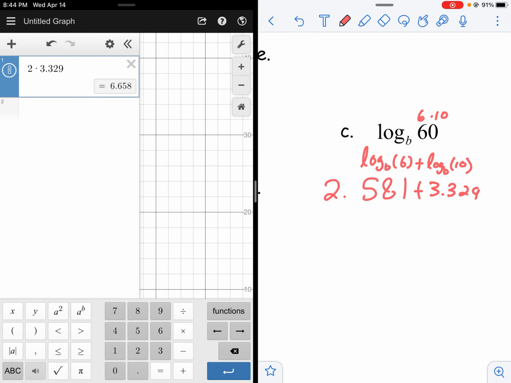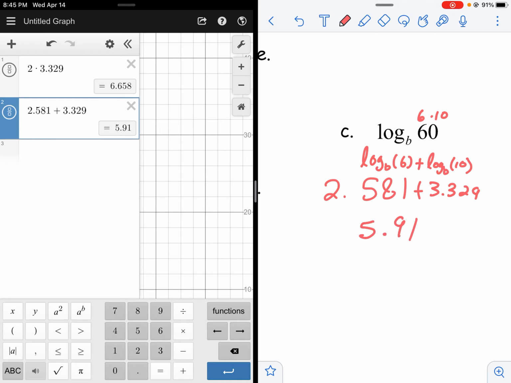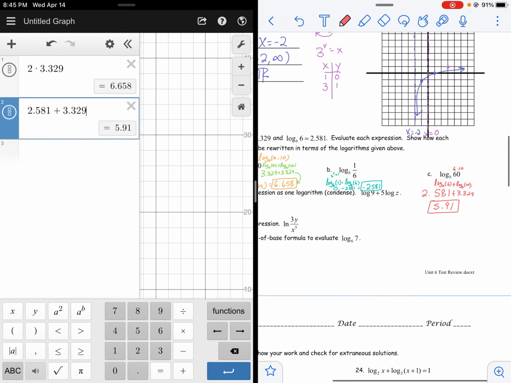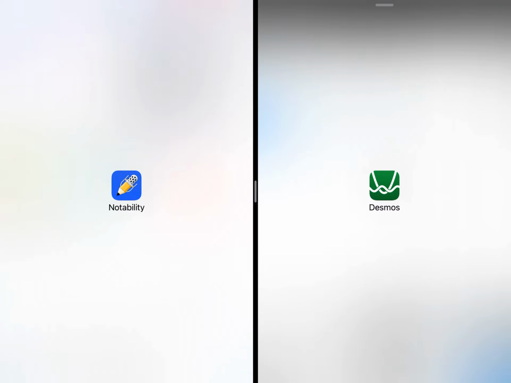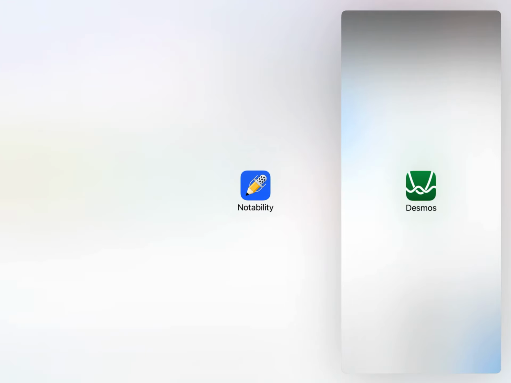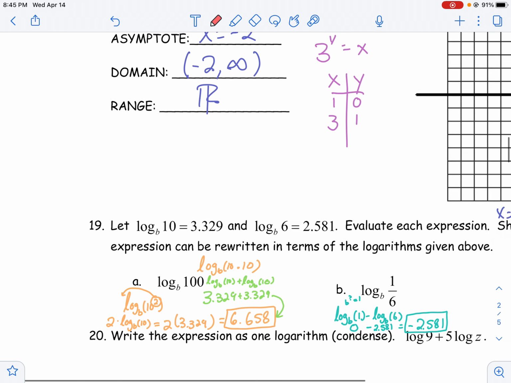And then we just add those together. 2.581 plus 3.329. That would give us 5.91 would be our final answer there. All right. That ends the calculator portion of this first half here.